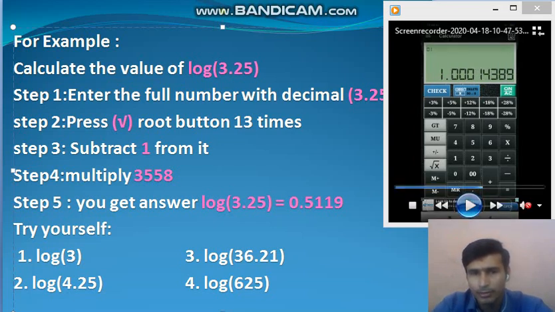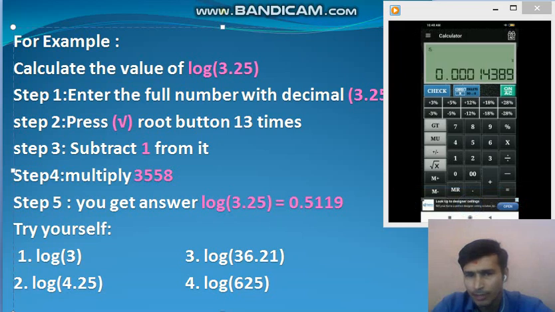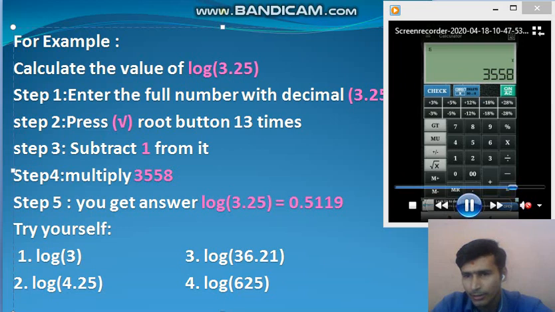Then the third step is to subtract 1 from it. So we take minus 1 from it. And then the fourth step is to multiply by 3558. So we multiply by 3558, and then we get the answer like this.